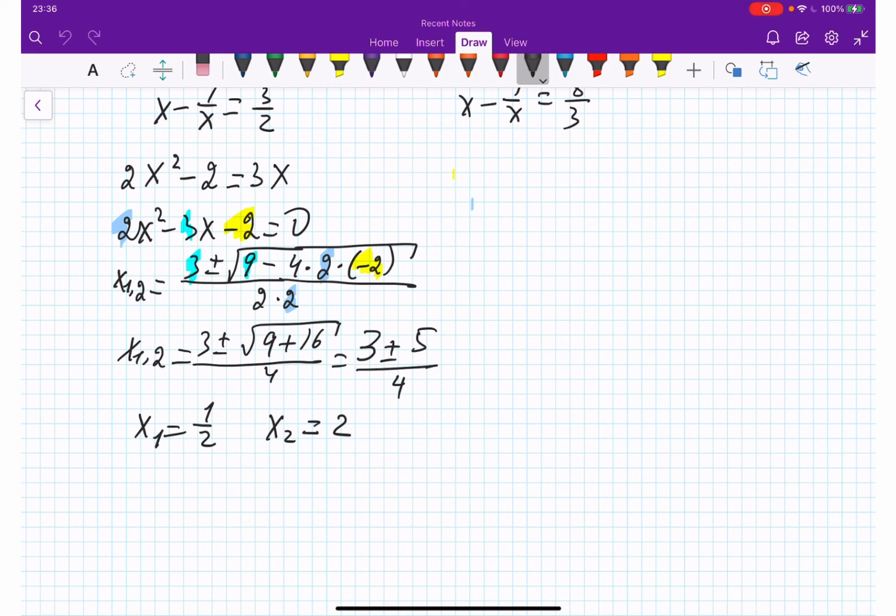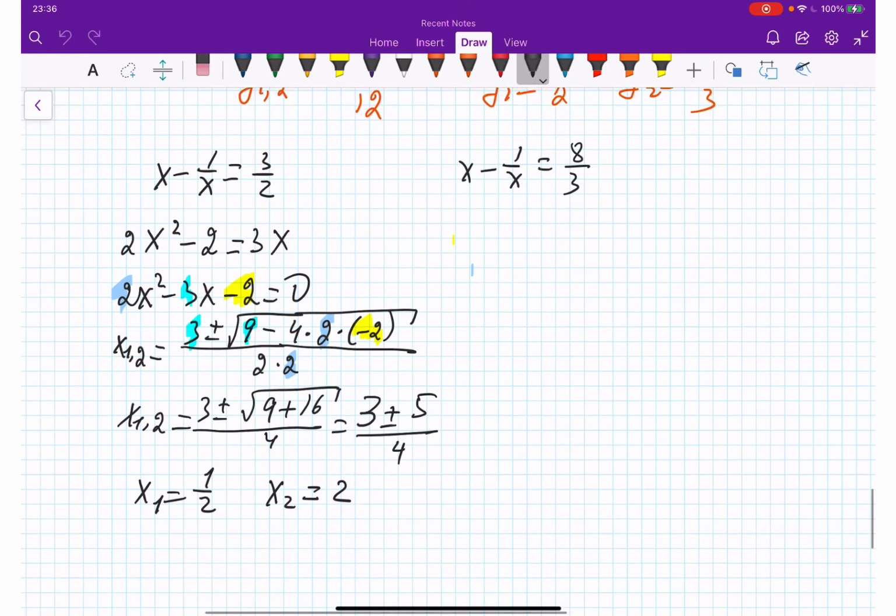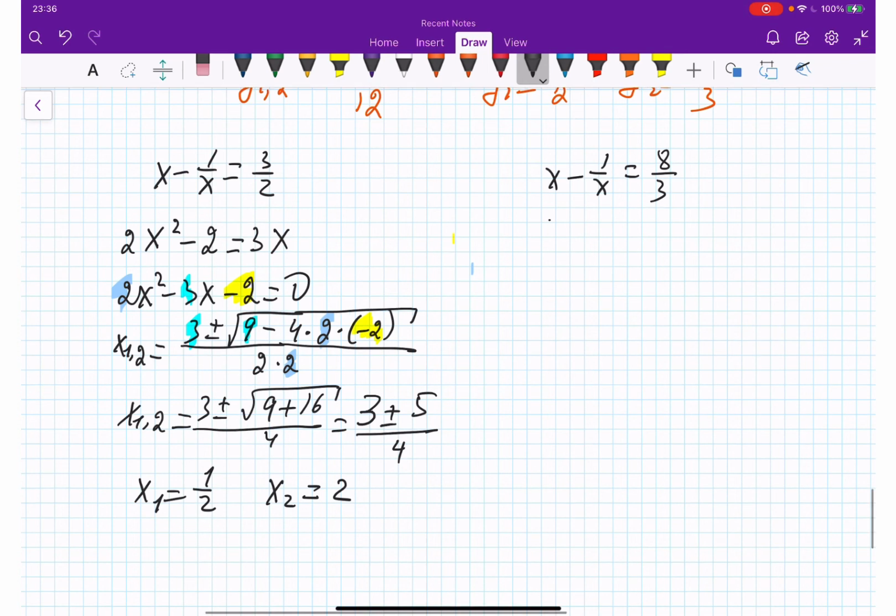Now let's move to the other pair of answers, and we are going to get here 3x squared after you bring to common denominator minus, here is missing only 3, so it's going to be minus 3, and here is missing x, it's going to be equal 8x. So we are going to get here 3x squared minus 8x minus 3 is equal 0.